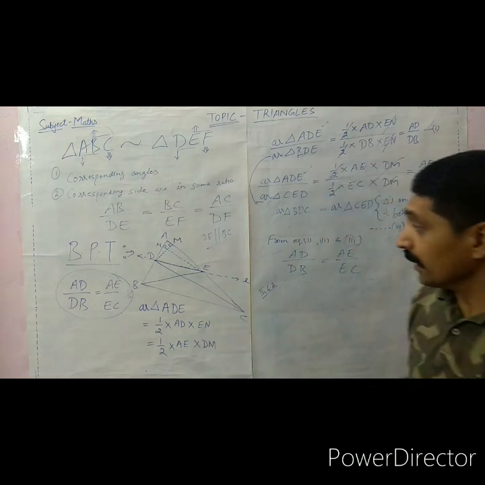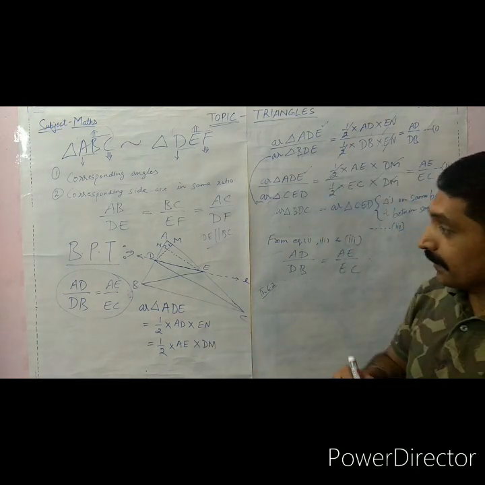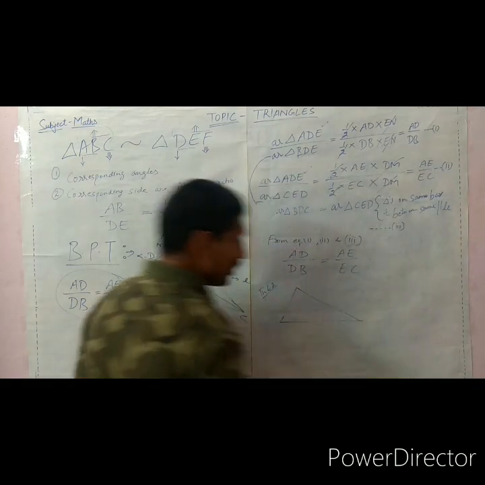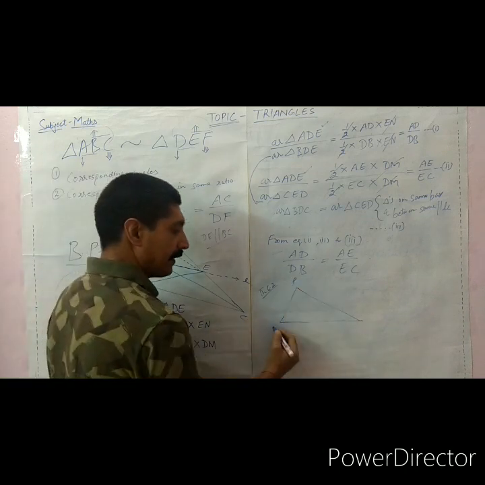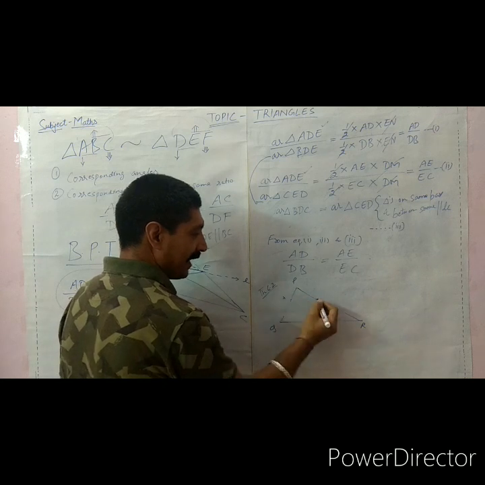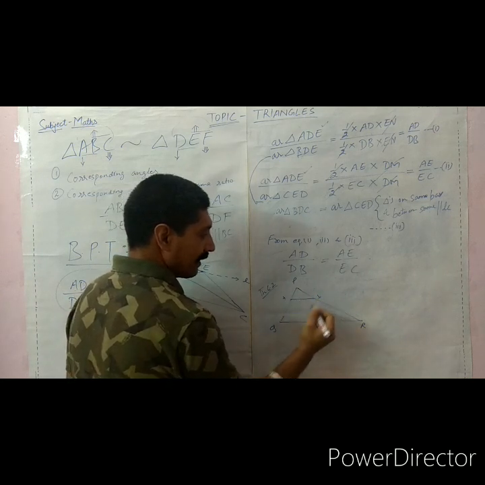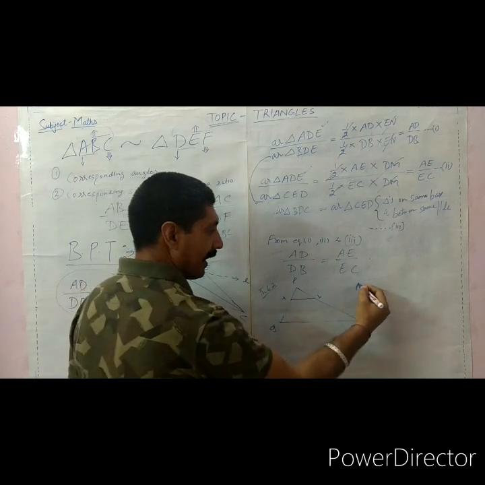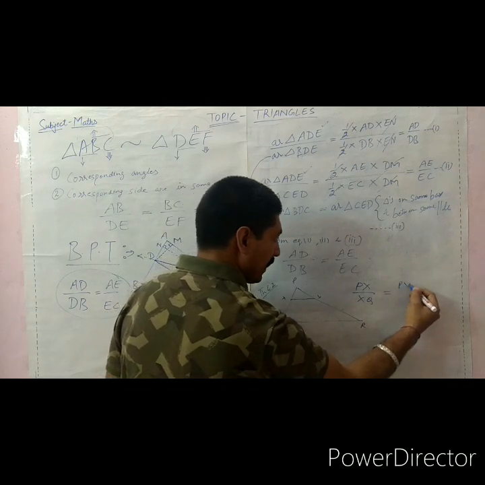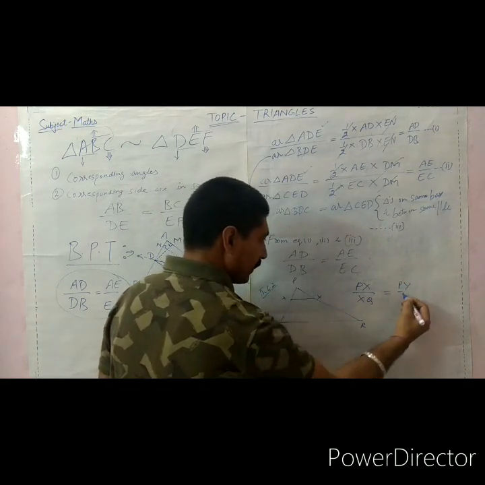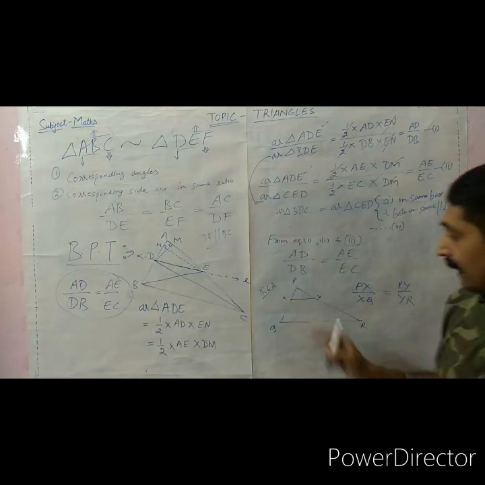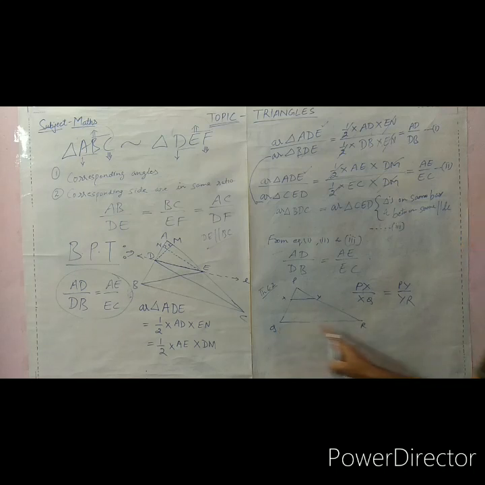In its converse, if in a triangle PQR, two points X and Y are such that PX upon XQ is equal to PY upon YR, then we can prove that the line XY is parallel to QR.